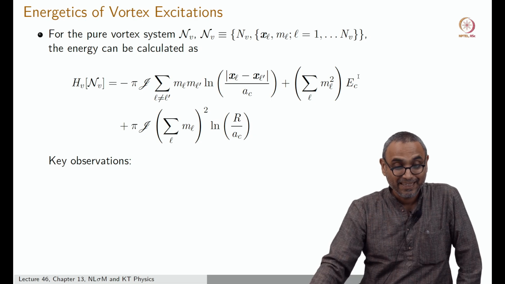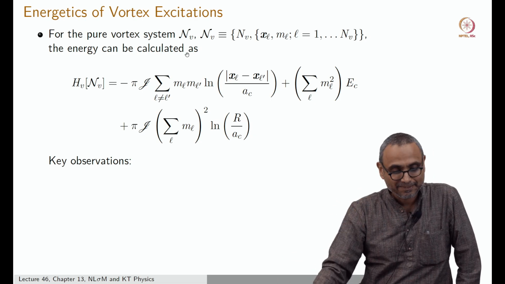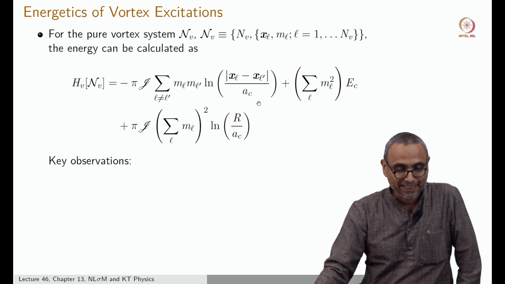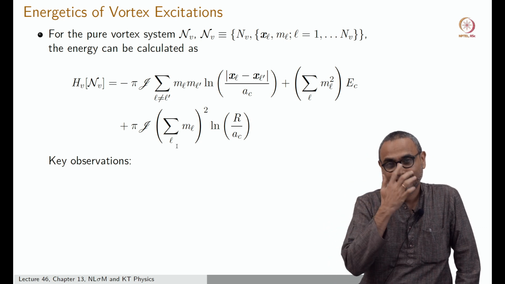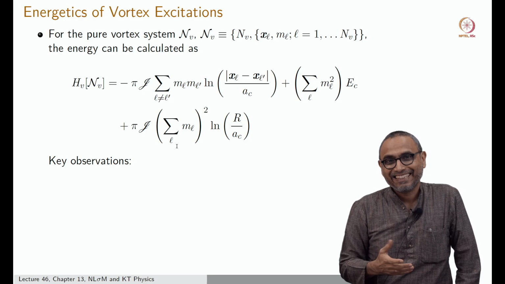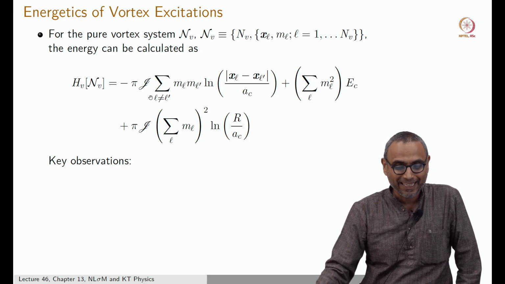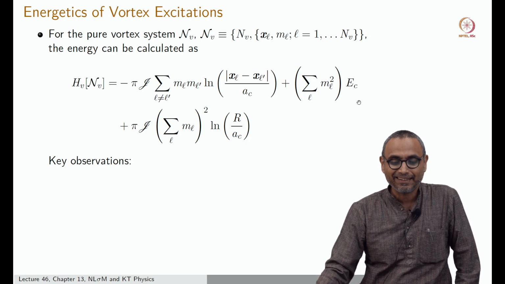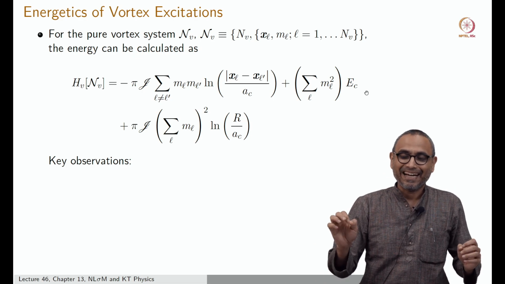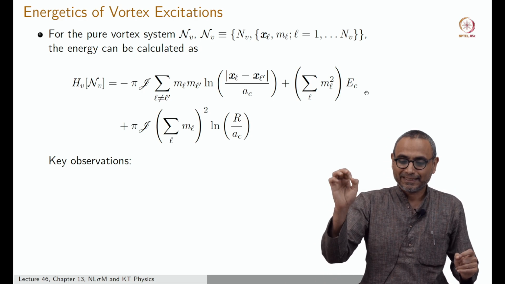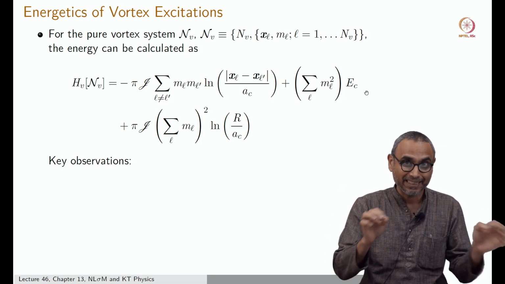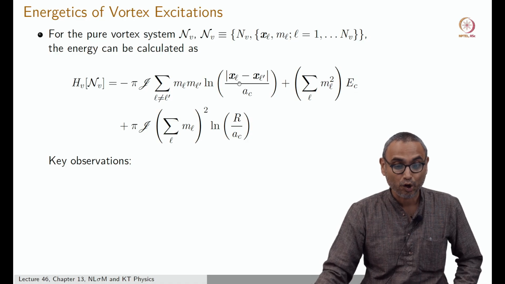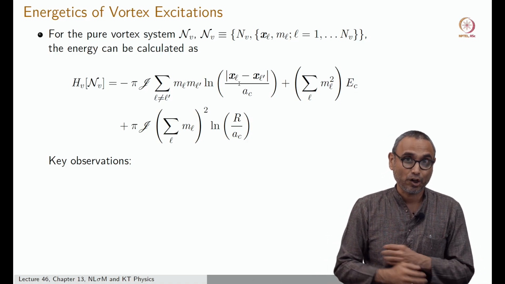And the more interesting result is, there is also a term which depends on the log of the system size, and that gets multiplied by the total vorticity squared. So now you see that if this term equals 0, then I get something very nice. I pay some energy E_c to create some vortex, and each of these vortices interacts with the other vortices through this logarithmic function, this log of distance.